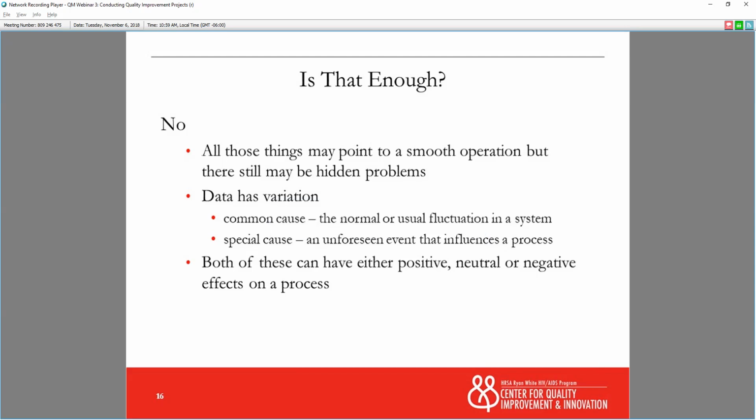At any given point on that run chart, nothing is lower than 80, nothing is higher than 87. So that's pretty smooth. However, there's noise going on in there because it's not all 87, right? So there's some normal fluctuations.